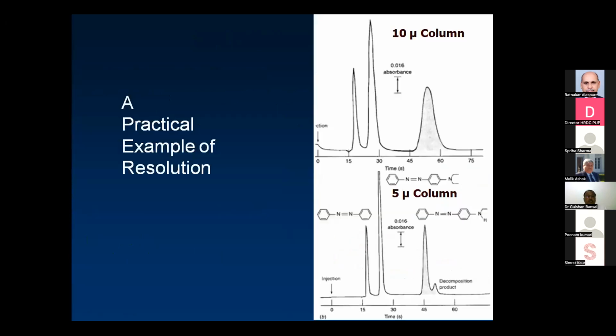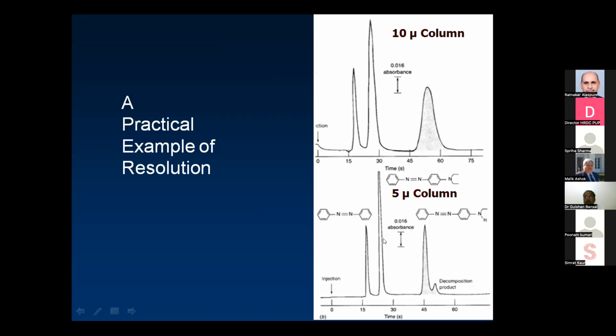So this is an example of different particle sizes. We have the different components 1, 2, 3, and this is the chromatogram when the particle size is 10 micron, and you see the peak shapes.